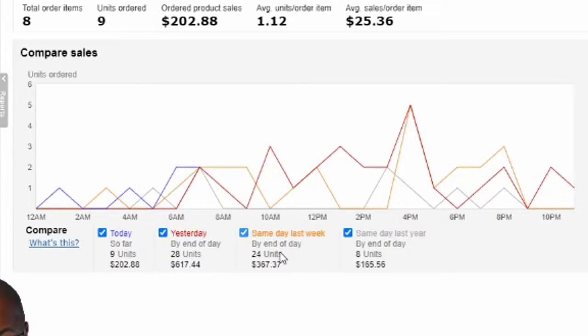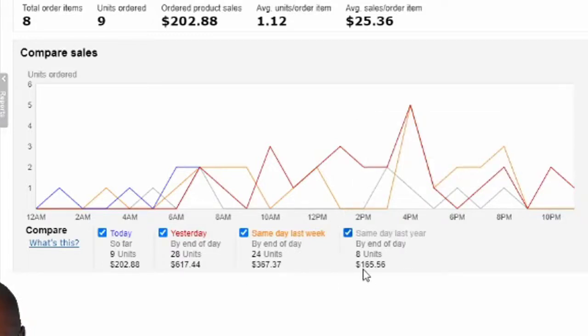Now look at same day last week. By the end of day, 24 units for 367. So we had just about the same number of units, but it didn't bring in as much. It just depends on what's going on with those items. Because you can sell fewer items and actually have more revenue. It depends on the pricing on the items that sell, right?